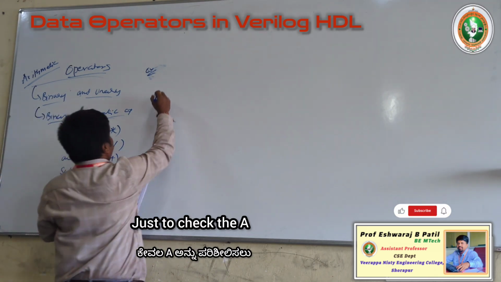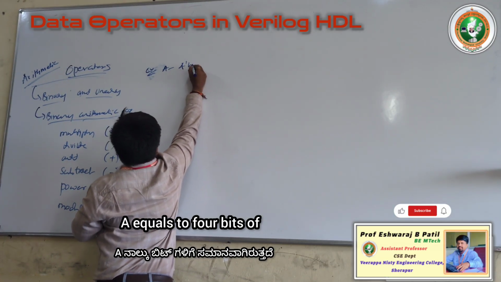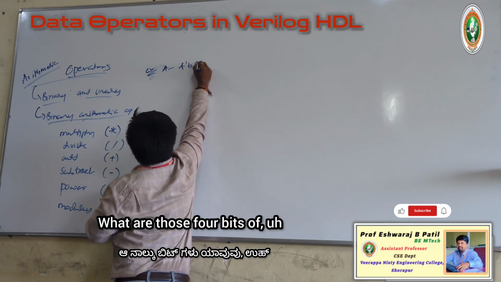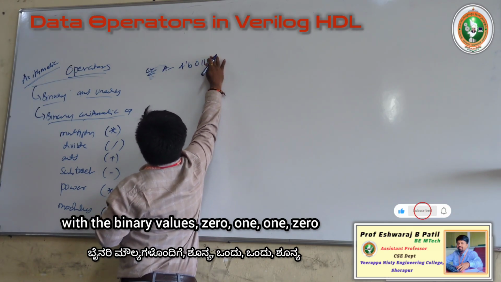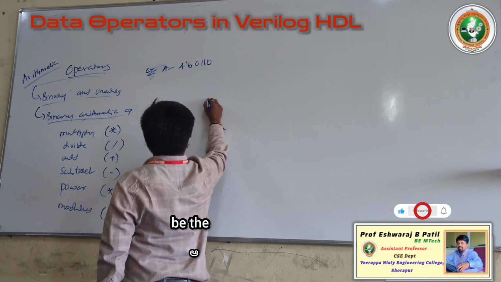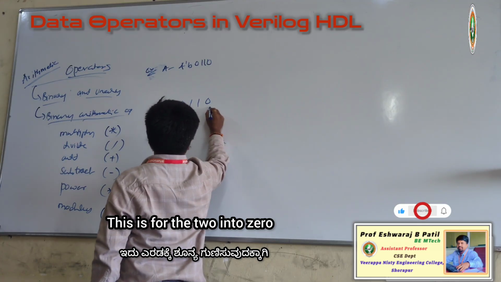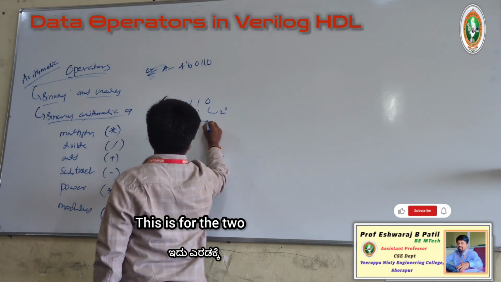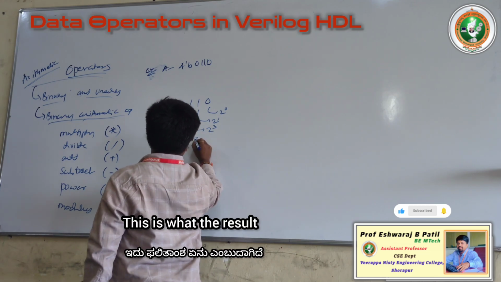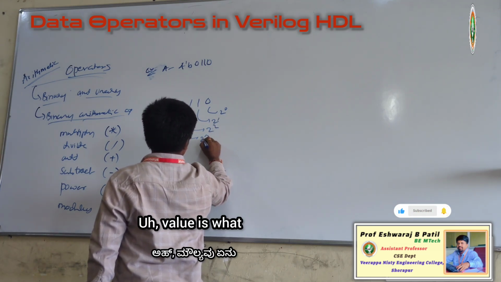For example, a equals 4 bits of value 0110. What does this come to? 0110: this is for 2 to the power 0, this for 2 to the power 1, this for 2 to the power 2, this for 2 to the power 3.